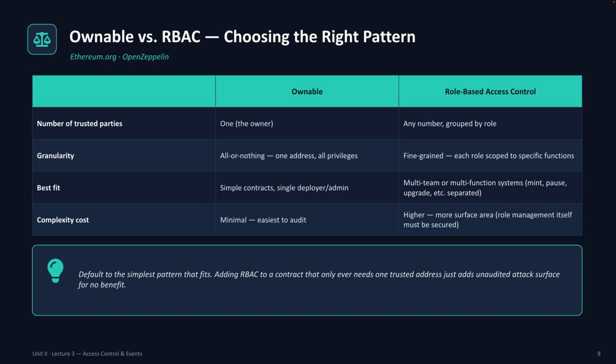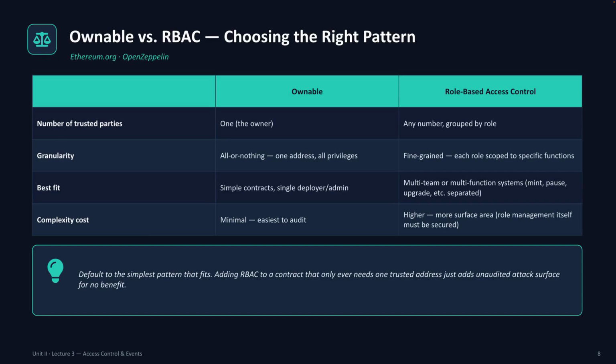How can we decide the best fit, either Ownable or RBAC? In case of Ownable, simple contracts, single deployer or admin. Whereas in case of RBAC, if there are multi-team or multi-function systems such as mint, pause, upgrade, etc., and all these things are separated, during that you are supposed to go with RBAC and not with onlyOwner or the Ownable pattern.